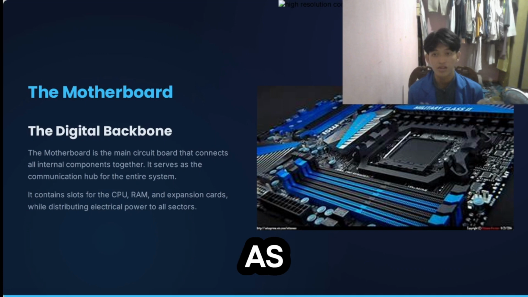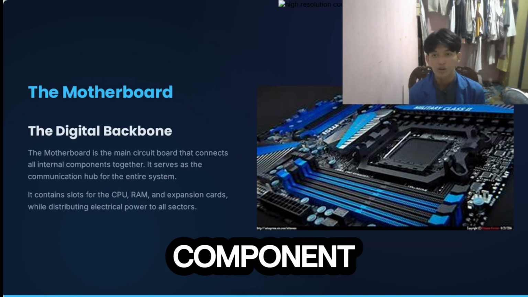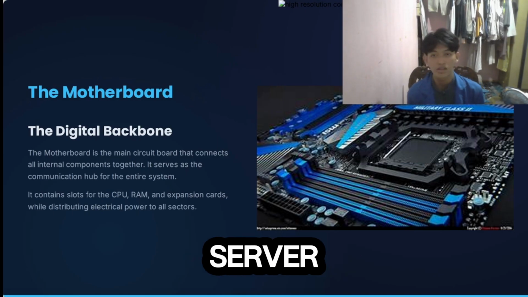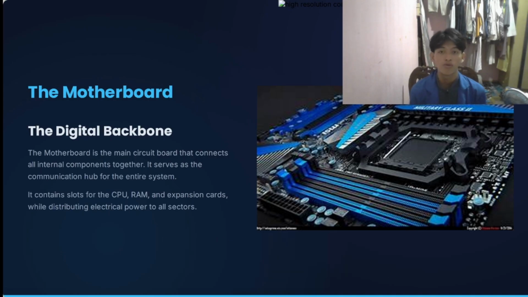Think of it as the digital backbone of the computer. It is the main circuit board that connects all internal components together and serves as the communication hub for the entire system.